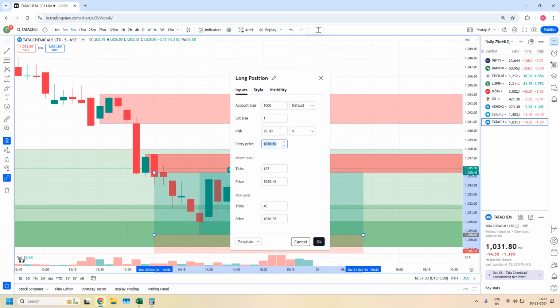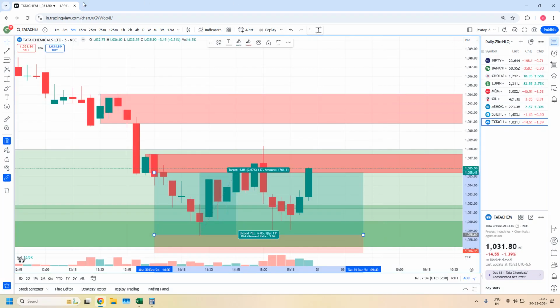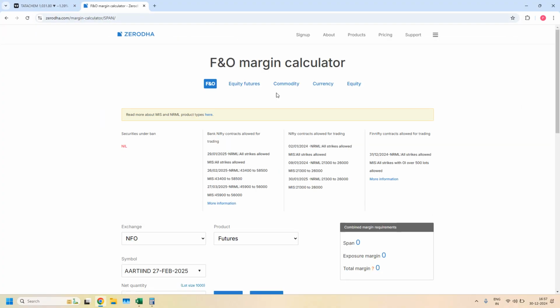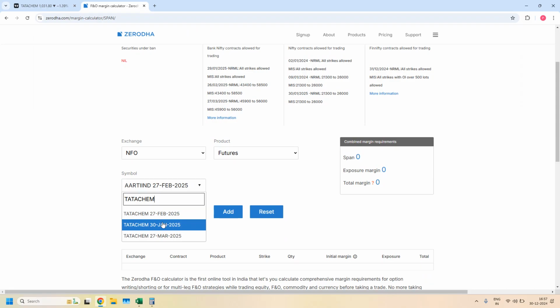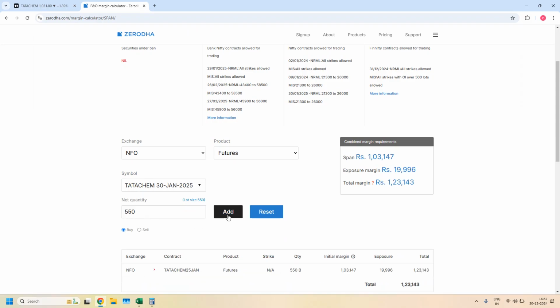How much profit it would have given as per one futures point of view? Margin calculator, zero the margin calculator. Tata Chemicals, January expiry, lot size is 550, and margin cost at the time of closing the candle it is 1,23,000.